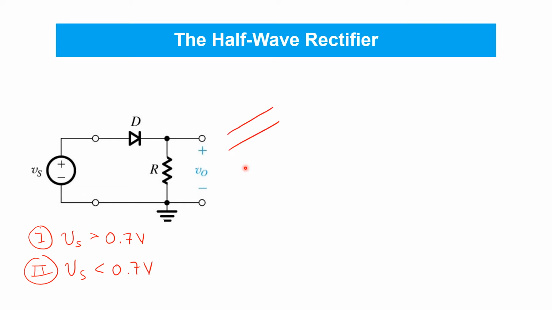So in case one, Vs is sufficient to cause the diode D to conduct.